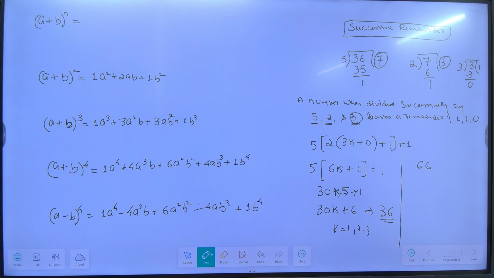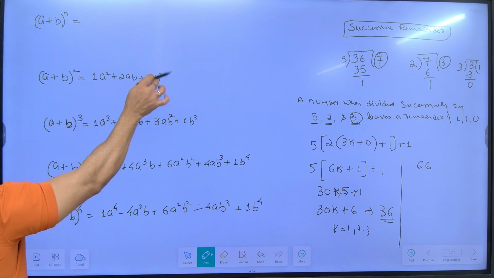You have to understand something. First thing, when you expand a plus b whole square or a plus b whole cube or a plus b raised to the power 4 or minus 4, you see a and b alternate, right? The power of a is decreasing, the power of b is increasing, going like this.